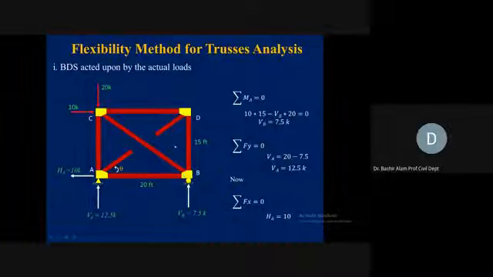So this is how we fix its direction. Its vertical will be downward directed and its horizontal will be rightward directed. So this will balance that tensile force in member AB. Means BC is also under compression. And very easily, by putting summation of Fx equal to 0 and summation of Fy equal to 0, we can find out the BC force. And this will give you the capital P values.